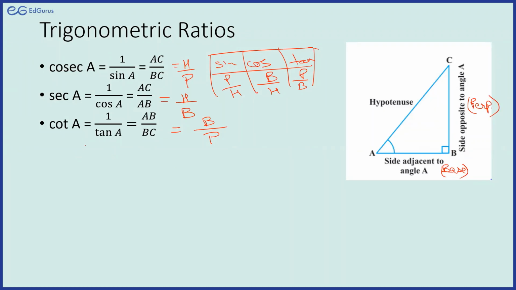Now, cot of A is 1 by tan A, and tan A in terms of sine and cosine is sin A upon cos A. So cot A will be cos A upon sin A, right? Okay. So all these formulae are the most basic formulae.